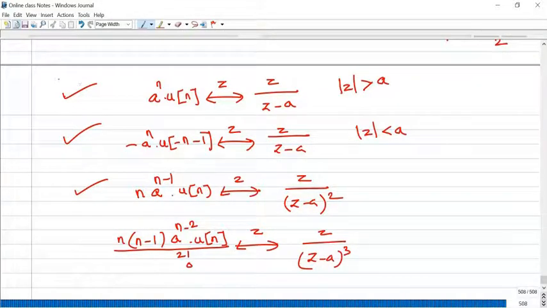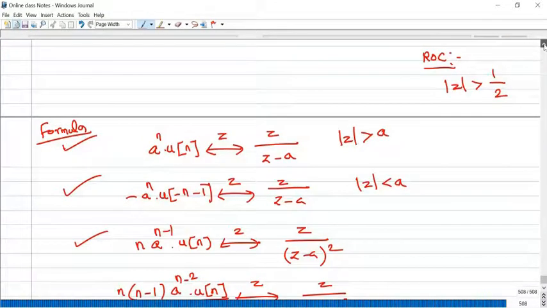You won't get higher than this; maximum order 2 is possible. Most of the cases we will be using the first two. Region of convergence greater than a pole, less than a pole: how to write your result? This is very important.